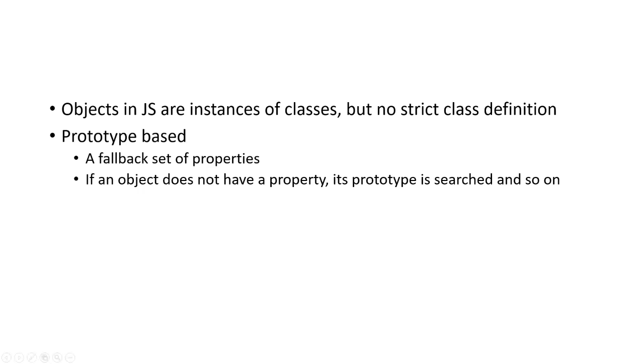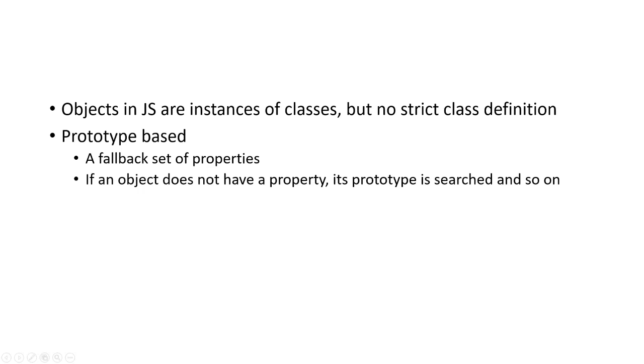Basically, a prototype is like the Object class in Java, where everything inherits from the Object class. That's why you have to override toString and equals and hashCode in your Java classes. But a prototype is the fallback set of properties in JS. If an object does not have a property, its prototype is searched, and so on.